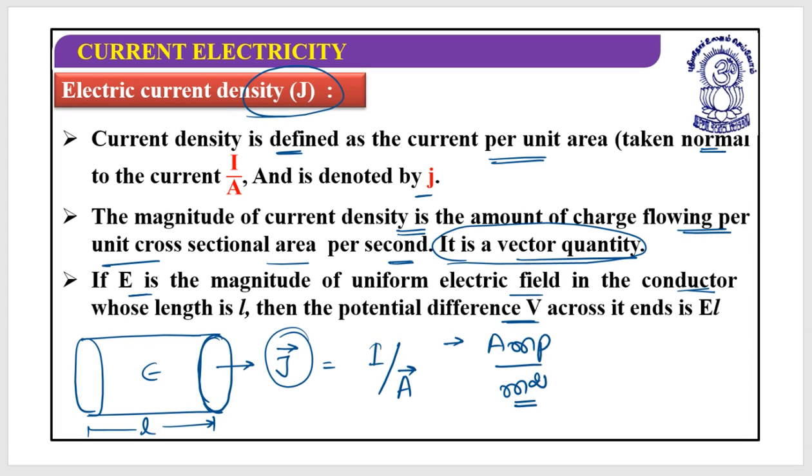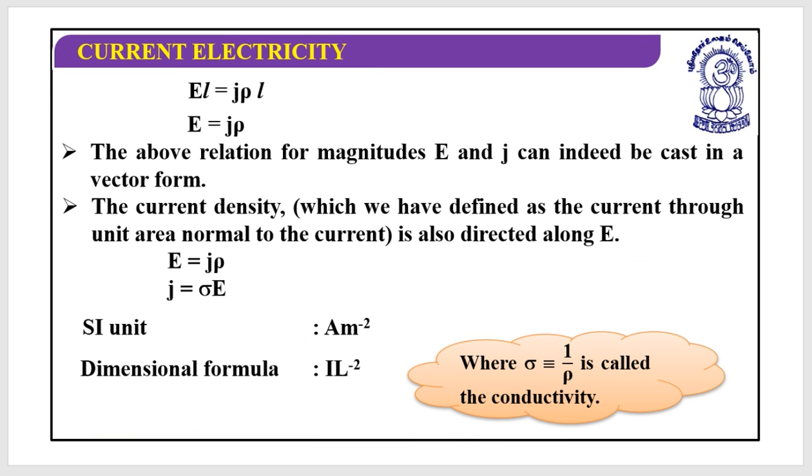Then the potential difference V across its ends: I know that E is equal to dV by dx, so E is equal to V by L, and V is equal to E into L. So the potential difference across the ends of the conductor is V equals E into L, and that is equal to J into rho into L.